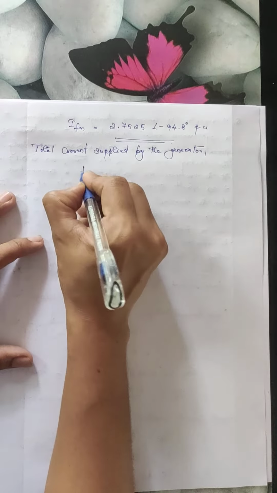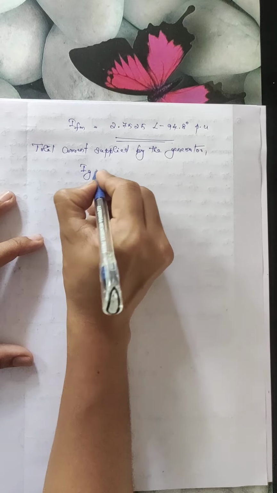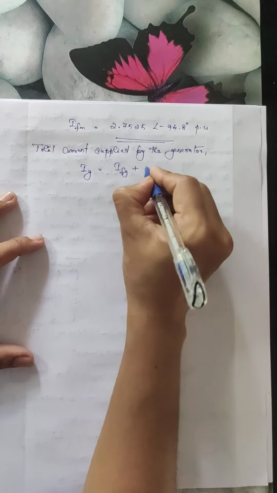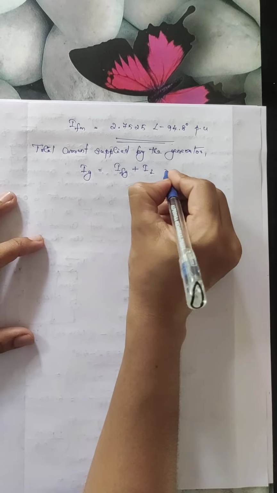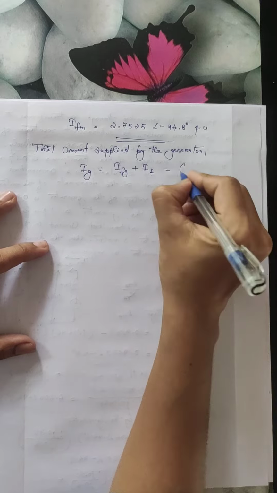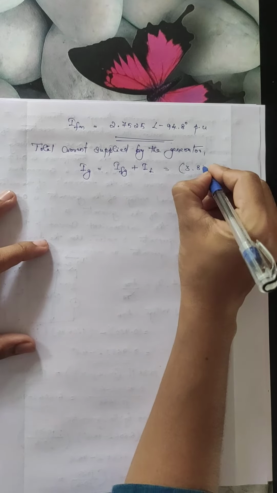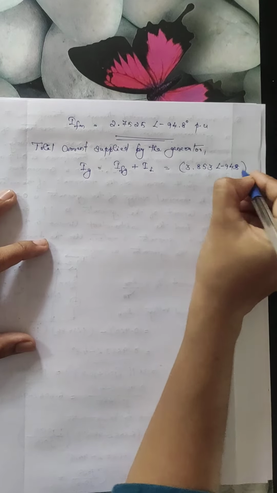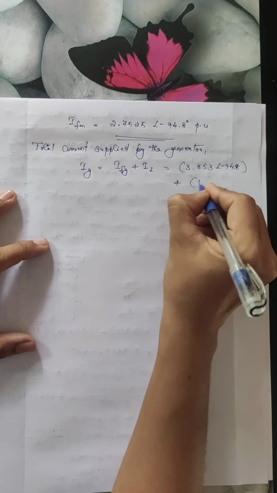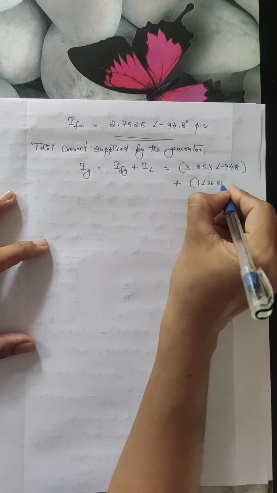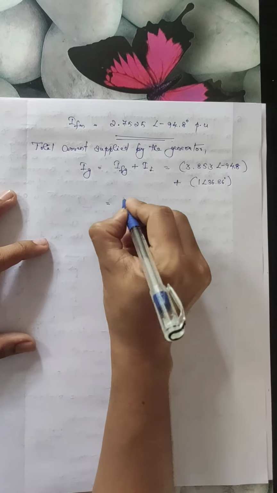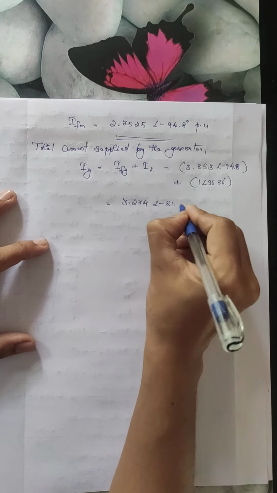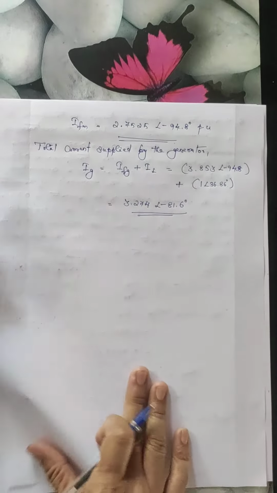Total current supplied by the generator, that is IG, is equal to the sum of fault current supplied by the generator and the load current, IFG plus IL, which is equal to 3.853 angle minus 94.8 plus the load current, that is 1 angle 36.86 degree, and the answer will be 3.274 angle minus 81.6 degree.